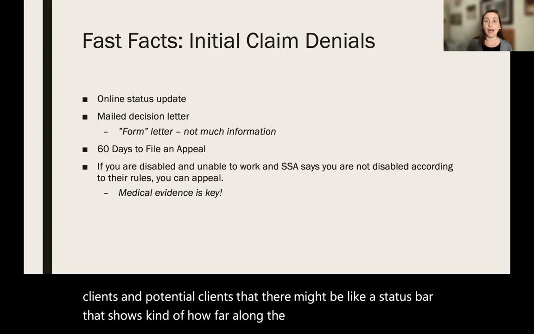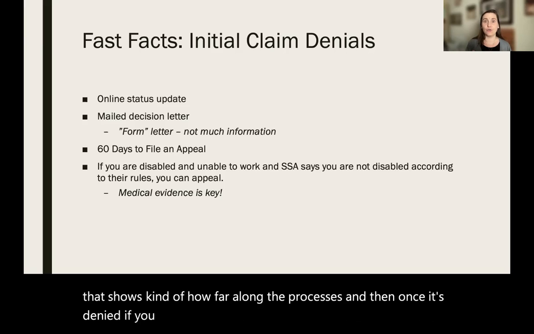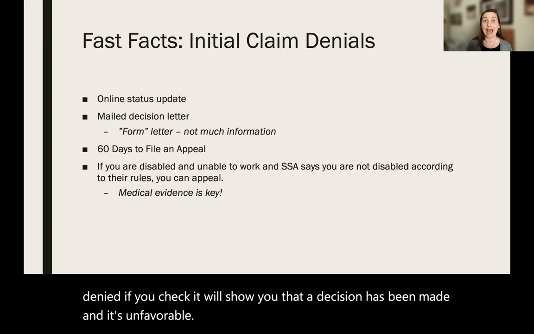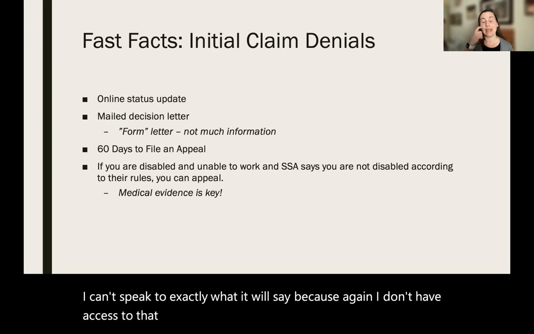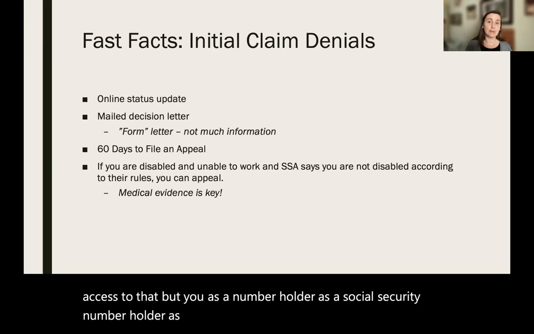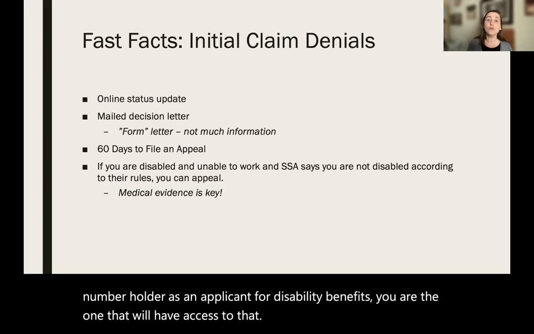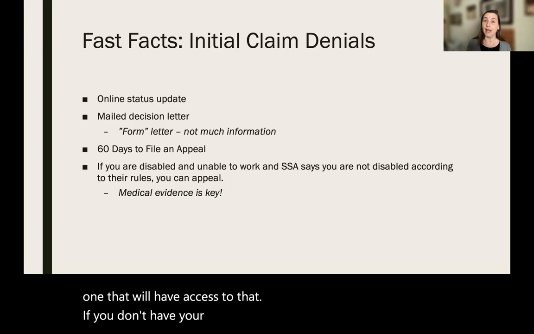Once it's denied, if you check, it will show you that a decision has been made and it's unfavorable. I can't speak to exactly what it will say because I don't have access to that. But you, as a Social Security number holder and an applicant for disability benefits, are the one who will have access to that. If you don't have your My SSA account, not to worry.